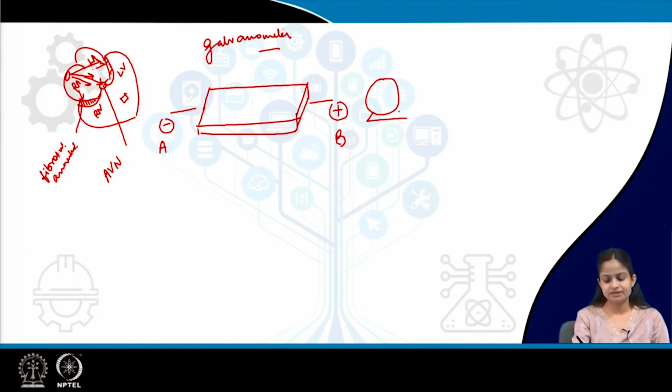So, when I have attached this to a galvanometer, the galvanometer will deflect according to the charges, or detect whatever changes occur in this cardiac muscle.